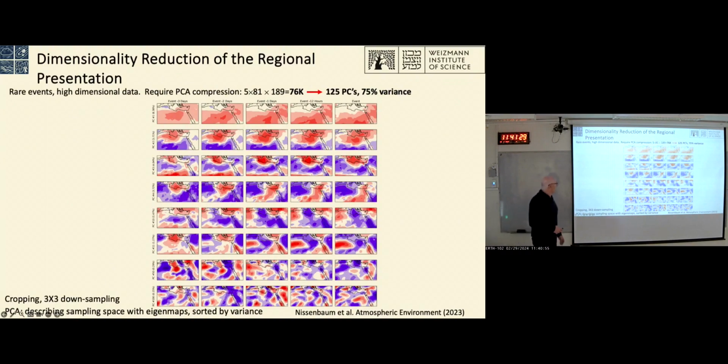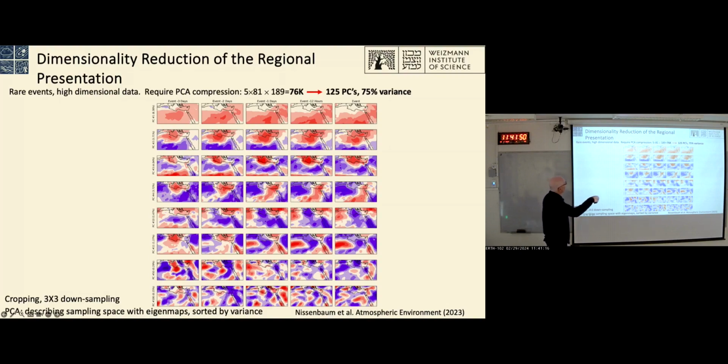So here is basically how we reduce the dimensionality. We take all these conditions, we separate them into their major components. You can see that these are different types of components with different length scales.